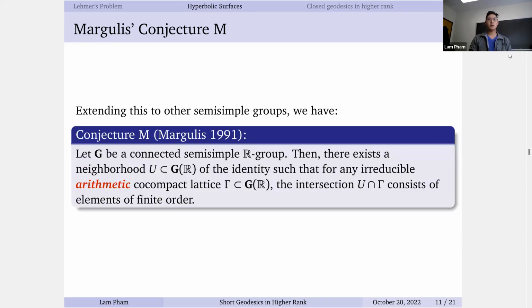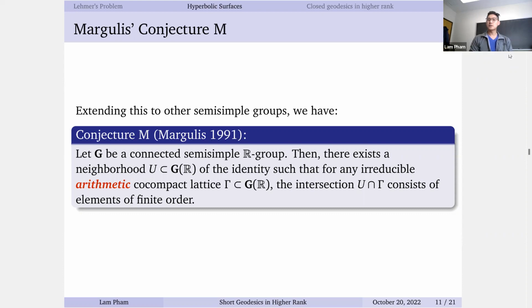So here's the conjecture. This is on page 322 in Margulis' book. You pick your favorite connected semi-simple algebraic group over R and take the R points. There should be a neighborhood of the identity such that any irreducible arithmetic co-compact lattice intersects this neighborhood of the identity only in elements of finite order.